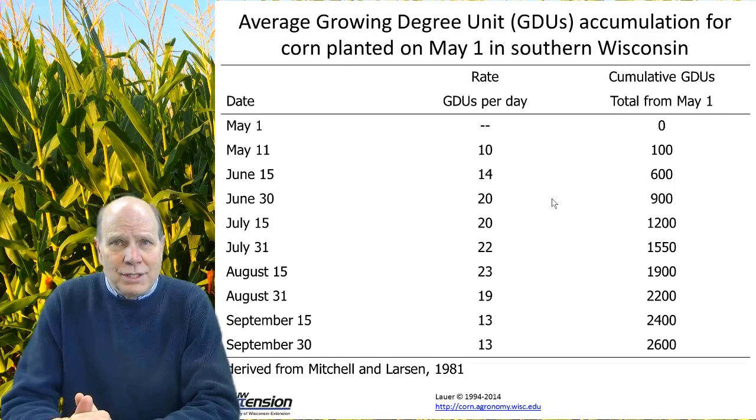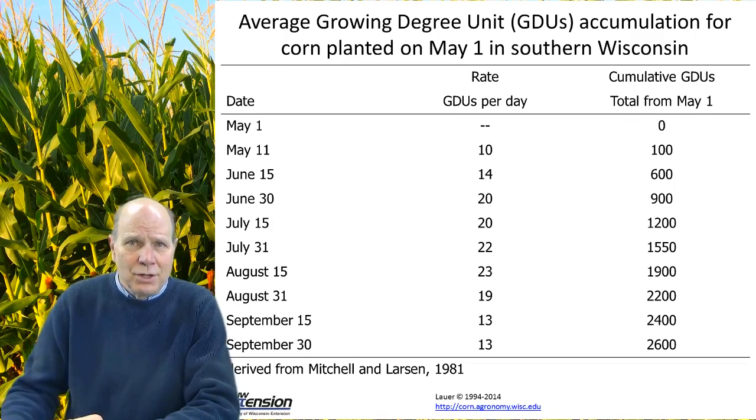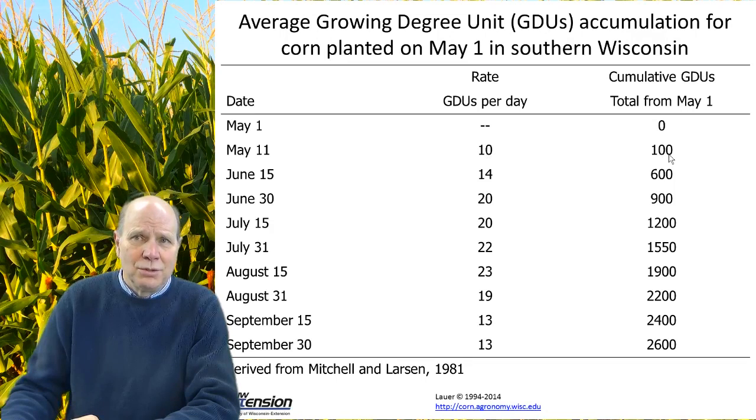Now, if you look at a growing season, what we see is that during May, we're only accumulating about 10 GDUs per day. So if we plant our corn crop on May 1st, we're accumulating GDUs at about 10 per day. And so by May 11th, we've accumulated about 100 GDUs on that clock. As we get into the summertime, we'll typically, on average, accumulate up to about 23 GDUs per day.